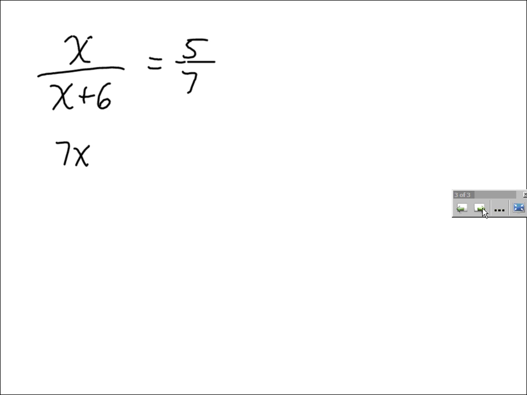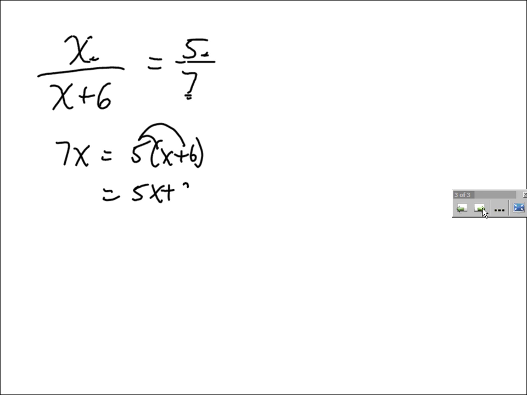Now, here's a problem that really interests me about how people do it. If you have this, most teachers will tell you to cross multiply, that is, multiply the 7 with the x and say that is equal to 5 times x plus 6, and then they will tell you to distribute.